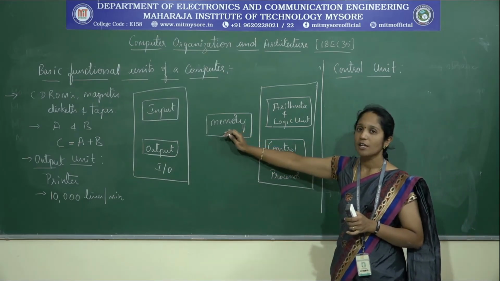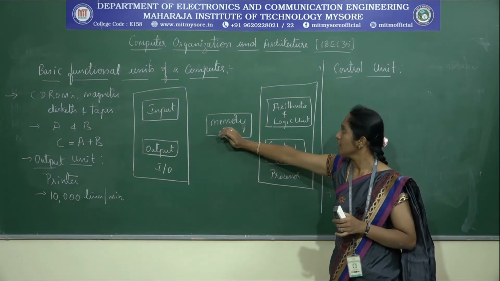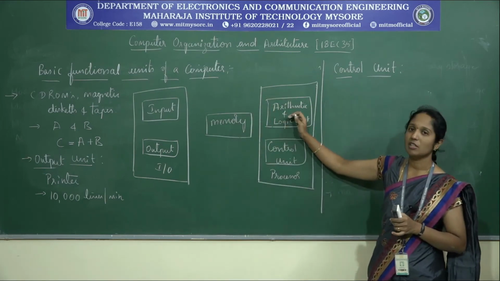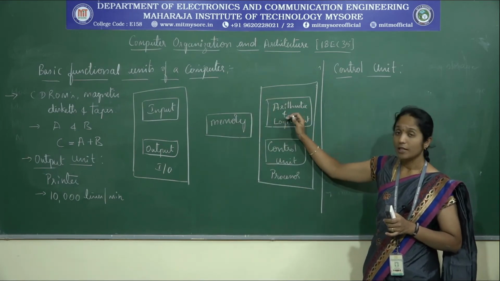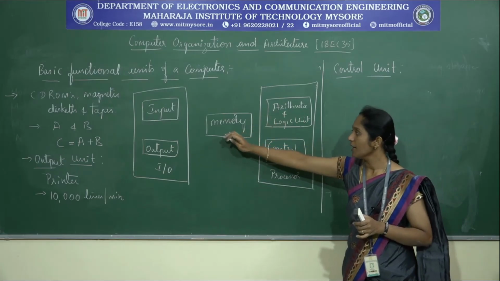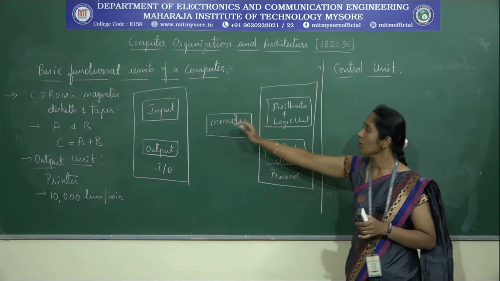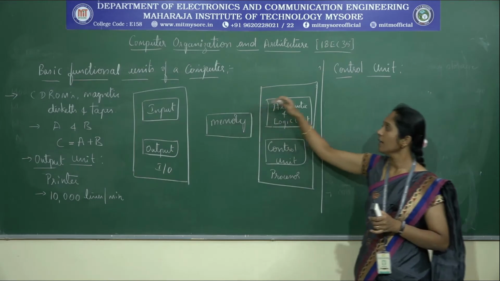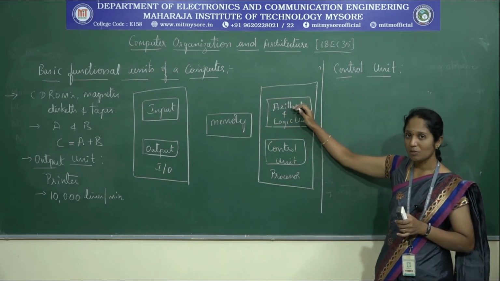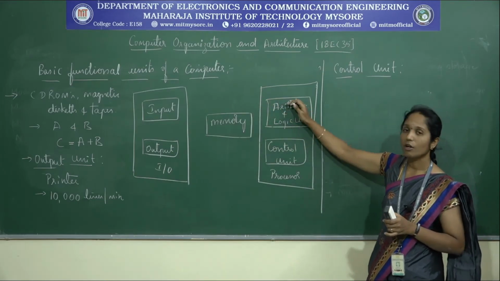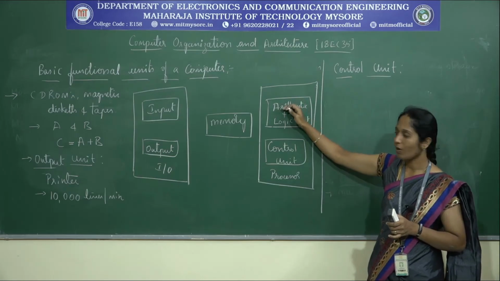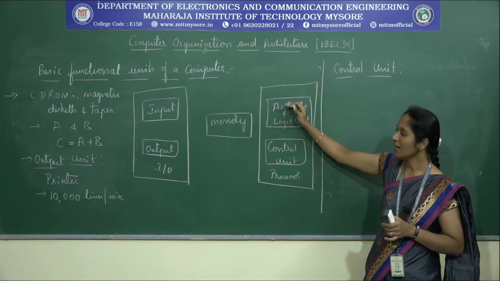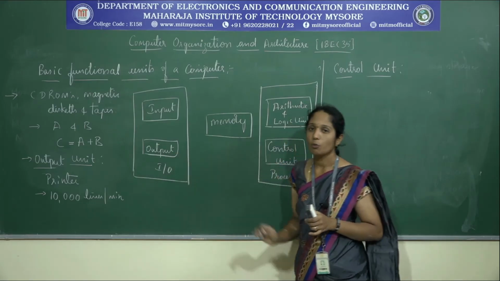Next it is stored in the memory, and whenever the arithmetic and logic unit demands the operands, the processor reads the memory and the operands are provided to the arithmetic and logic unit. The arithmetic and logic unit does the required operation, and once the output is ready, it is given to the output unit.